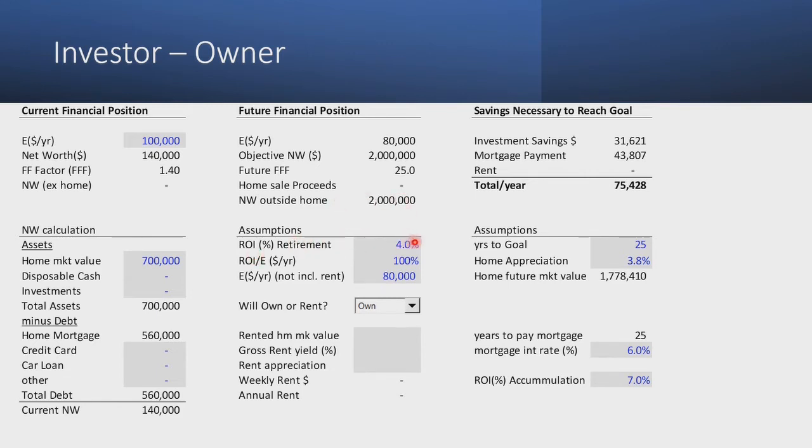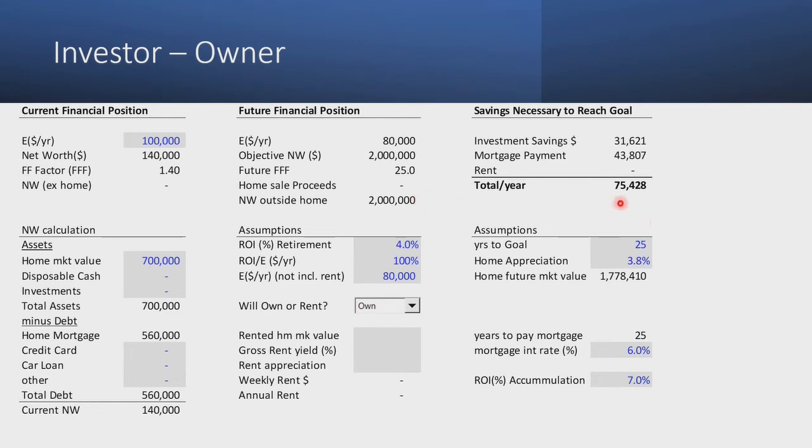In this case, the assumptions are the same: $80,000 the future expenses, and because the person is going to keep owning the house upon retirement, these are the expenses that we're going to consider in the calculation of the future net worth of $2 million.